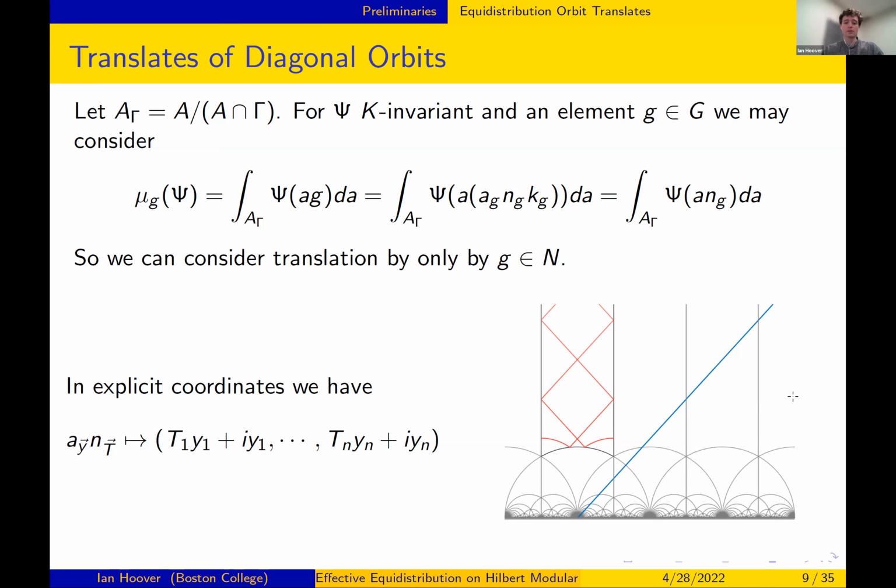This is just a picture on SL2Z of this situation. In the n equals 1 case, A mod gamma is just A. As you shear it, it moves to the right, and we see it's inside this fundamental domain. It looks like this red line that's wrapping around.